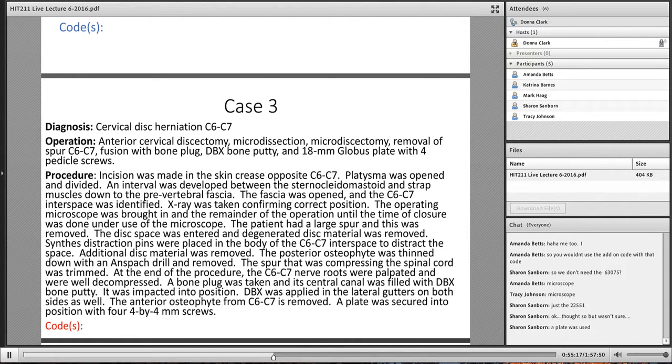So the way we would code that, you can go where I went to. How would you look it up? Let me ask you. We're doing a spinal decompression, and we did use instrumentation. Okay, so what I would go to is spine insertion instrumentation. But it was several things because they used screws. It was several, but you only need one code. Look at it, see what you get.